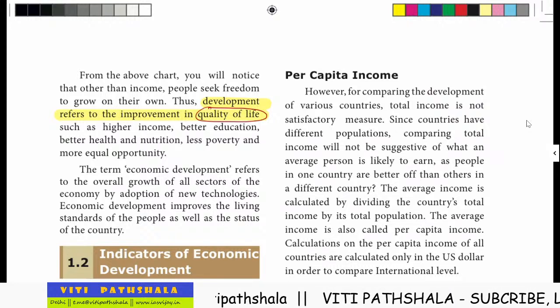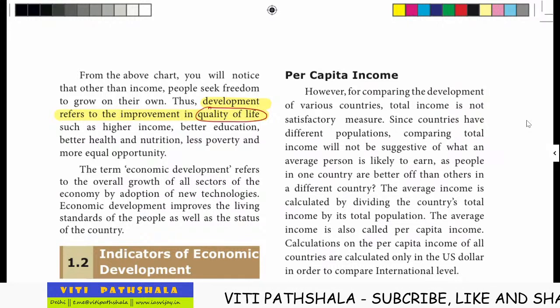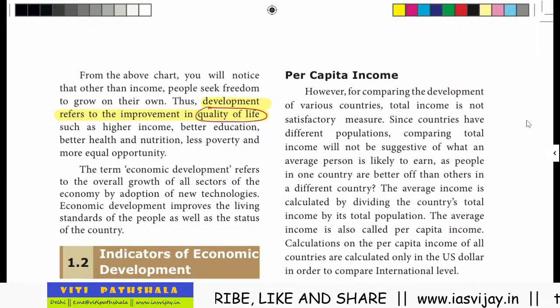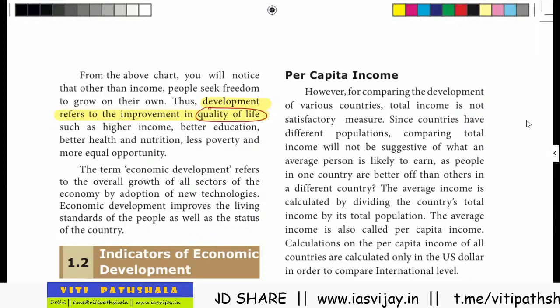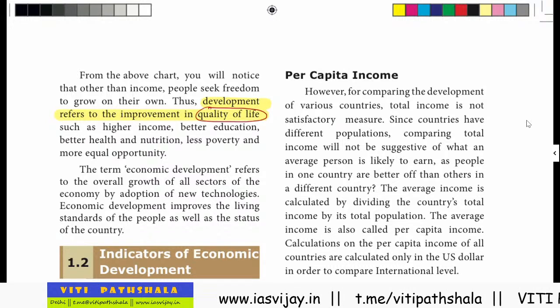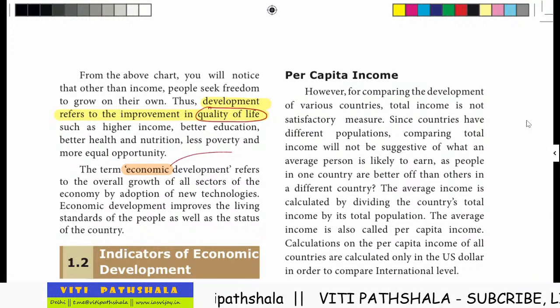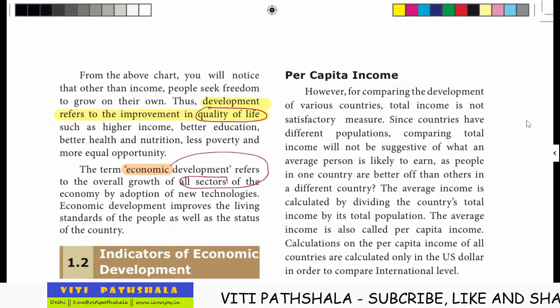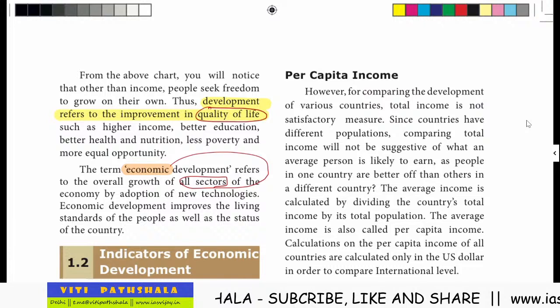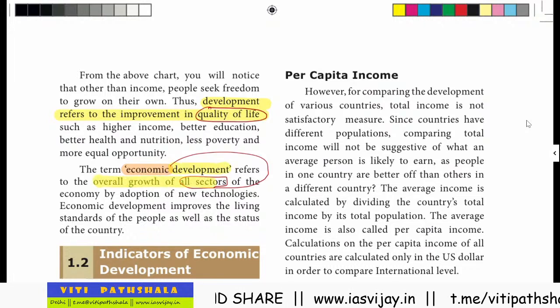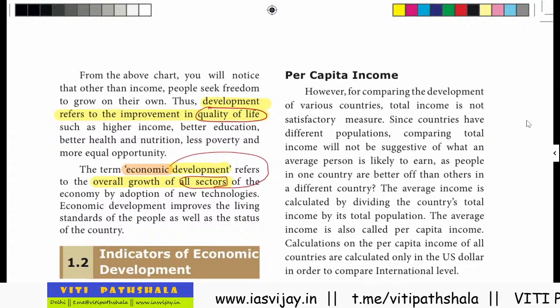Now the term economic development, with reference to economic development, we mean overall growth of all the sectors. The economy is concerned with the economic sectors. So economic development would mean the overall growth of all sectors of the economy.